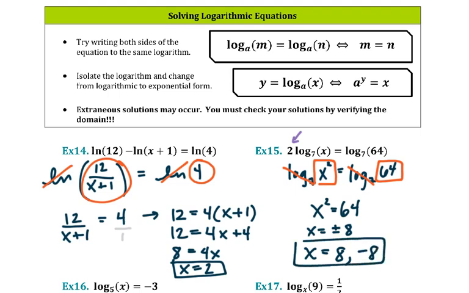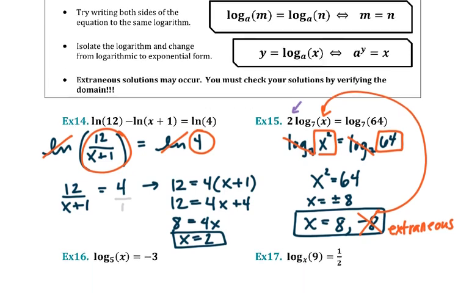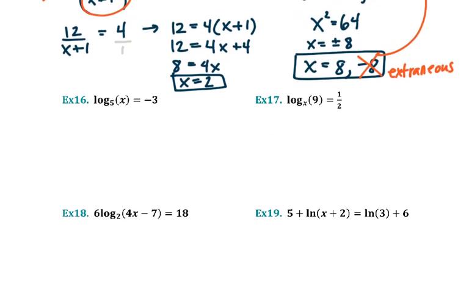If I try to plug negative 8 back into my equation, one thing we know is we can't take the log of a negative number. So in this case, we end up with an extraneous portion of our solution. Okay? So the goal here, if you have a log on either side of the equation and there's no constant, would be to write them as one log equal to one log.